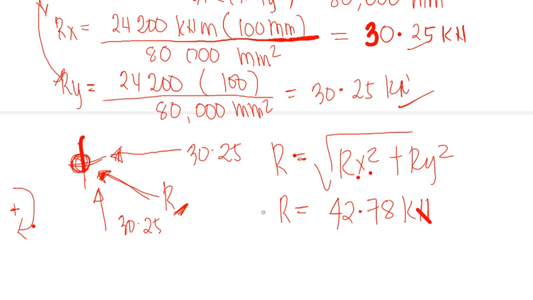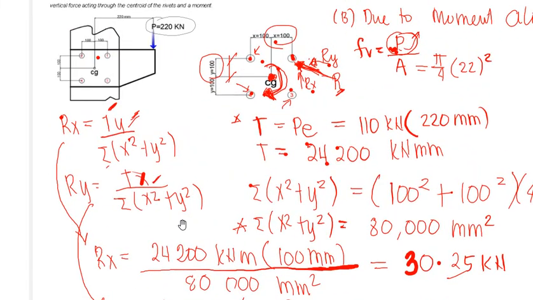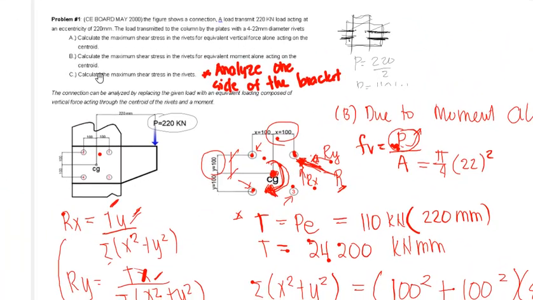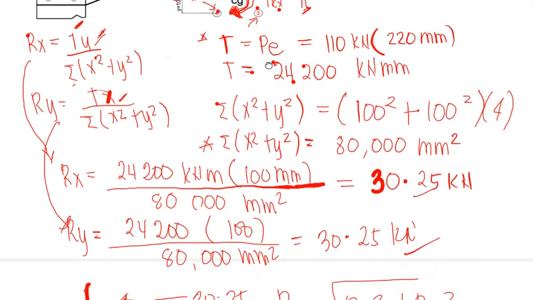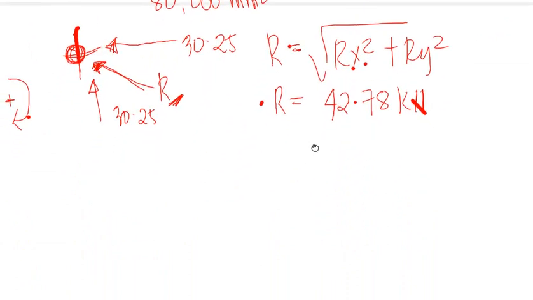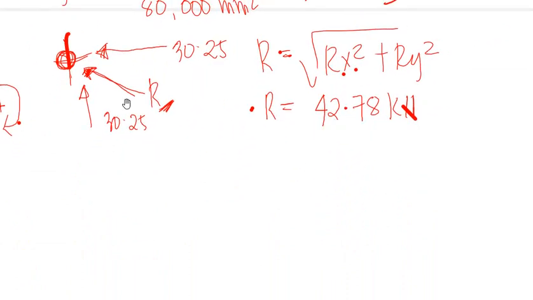So, hindi pa ito yung sagot kasi ang hinahanap natin is the stress. Ang hinahanap natin sa ating problem is the stress. So, ito pa lang, load pa lang yan in kilonewton. So, balik tayo doon sa unang formula natin that is stress is load over area.